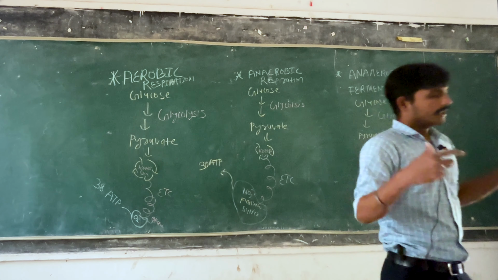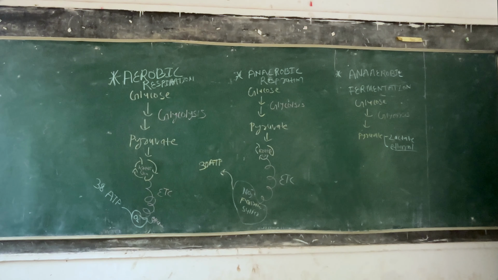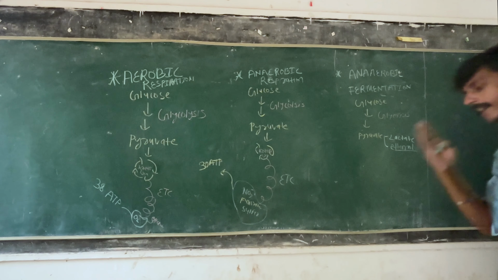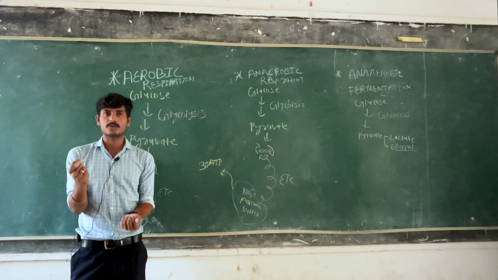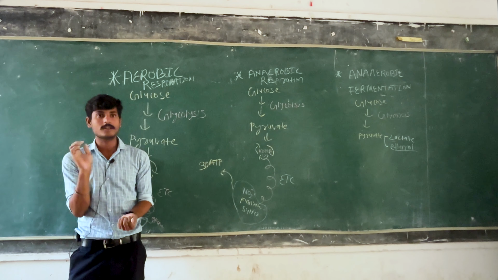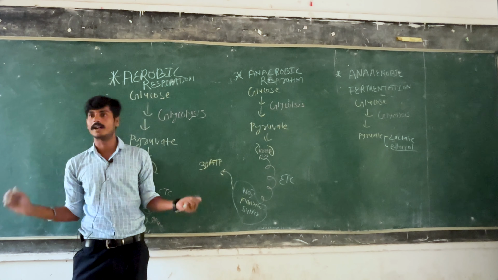Now let's move further and classify the bacteria. See, these are the main types. If you're talking about aerobic respiration, then you have to understand that there are some bacteria which are strictly aerobic. It means if for 1 second they are not getting oxygen, they will die.